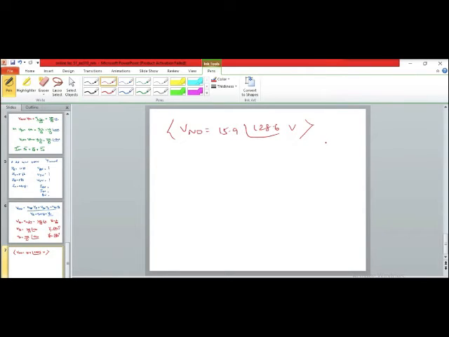From this, you have to find out the phase voltage on the load side: VRN, VYN, VBN. It is nothing but VRO minus VNO, VYO minus VNO and VBO minus VNO.